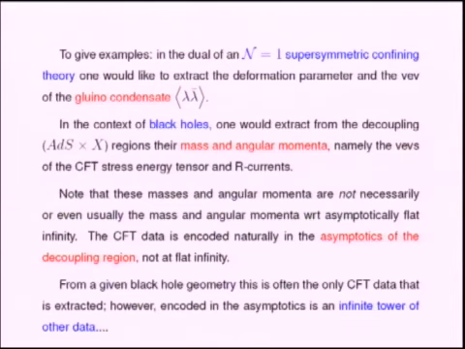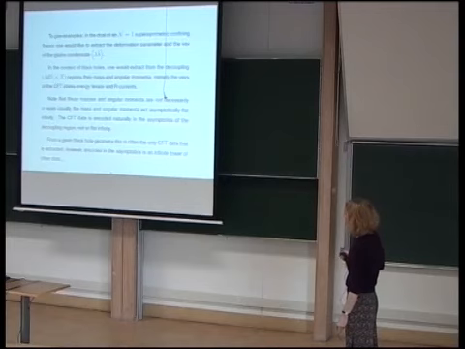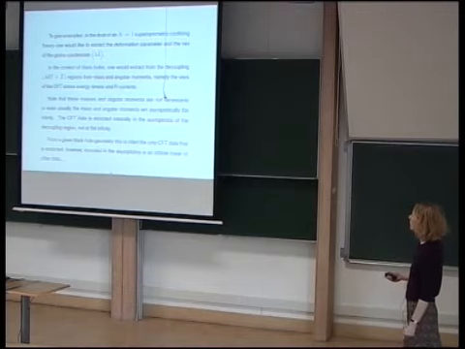You would like to extract from their decoupling AdS regions the mass and the angular momenta, or in other words, the vevs of the CFT stress energy tensor and the R currents. I should say that these are not necessarily, or even usually, the same thing as the mass and angular momentum with respect to asymptotically flat infinity. It's very important to remember that the CFT data in black hole geometries is encoded naturally in the asymptotics of the decoupling region, not at flat infinity. And I'll come back to this point later.